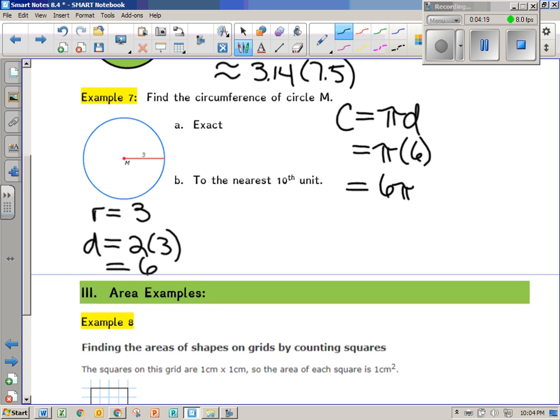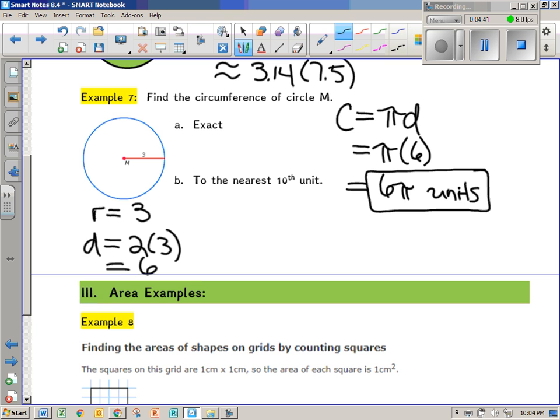You leave off the parentheses because 6 times pi is 6 pi, sort of like we do when we have a variable like 6x or 6p. Even though pi is not a variable, it represents a particular value, and that is 6 pi units. So that's what it is exactly.